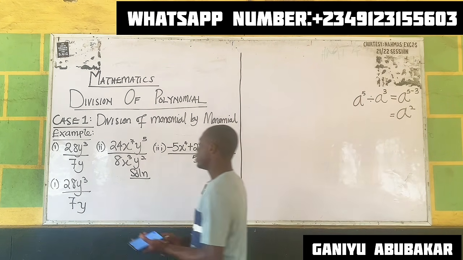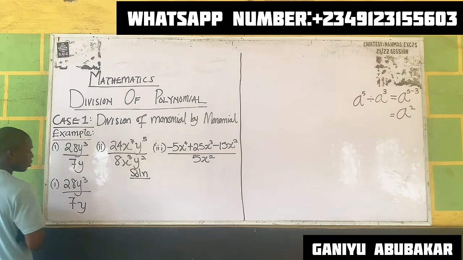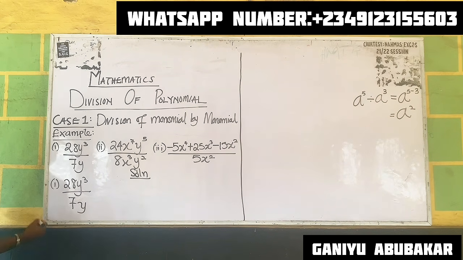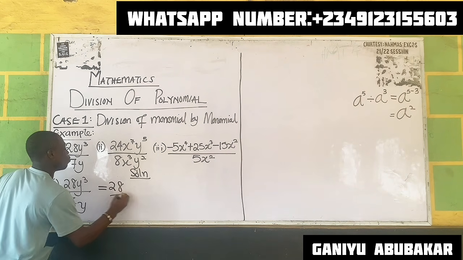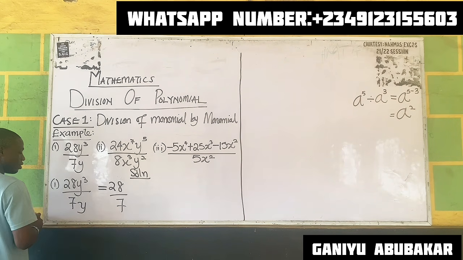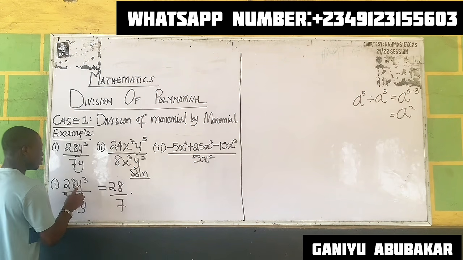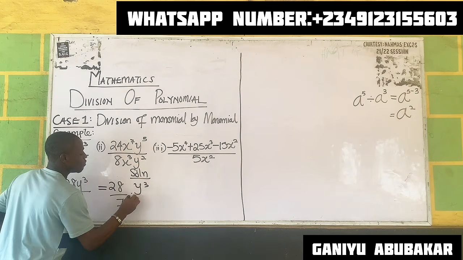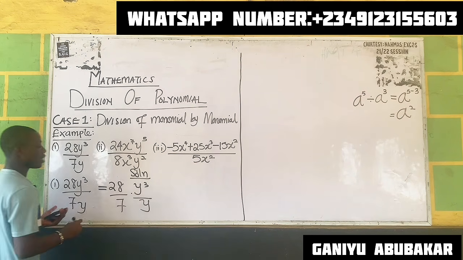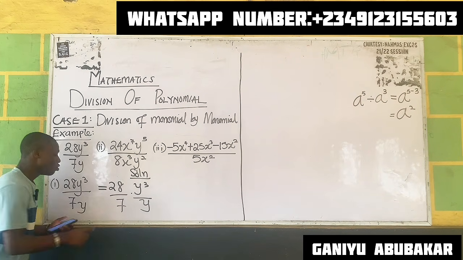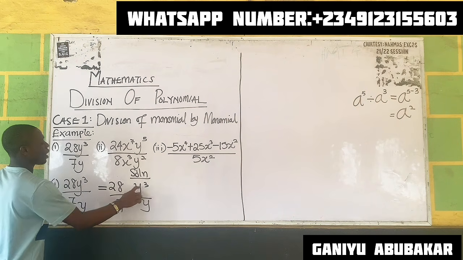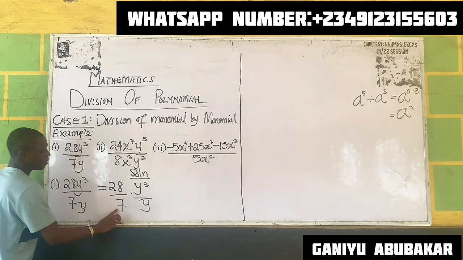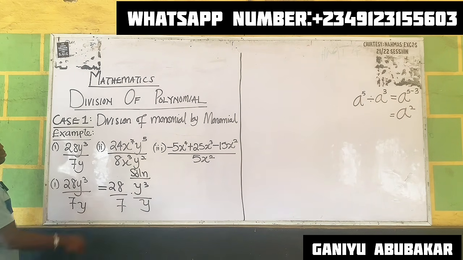So here's the task. You're having 28 over 7. Your task is to separate number from variable. This is equal to the numbers, 28 over 7, times y cubed divided by y. If I multiply them, 28 times y cubed gives 28y cubed, and 7 times y gives 7y, so it's still the same thing.